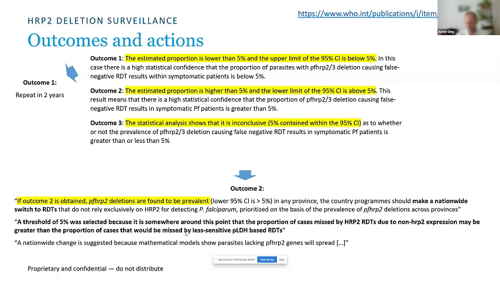So in other words, what you're going to lose by switching to an LDH based RDT that is going to be slightly less sensitive than HRP2 based RDT is offset by the fact that a lot of your infections are anyway HRP2 negative, and you would miss them in any case. And then outcome three, when you're inconclusive, well, the recommendation is to repeat within 1 to 2 years, or to actually keep testing to increase the sample size, basically reduce the confidence interval, and possibly get confidence that you are either below or above this 5% threshold.